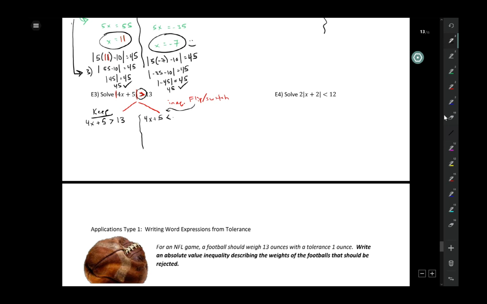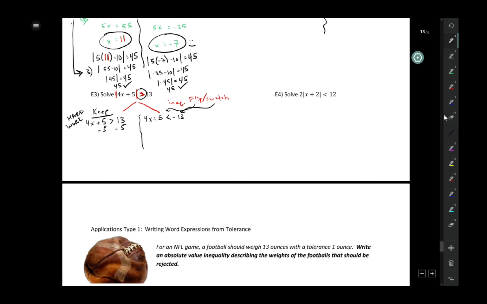And switch to negative. There's the switch. Or vice versa, whichever one you want to think of. And from there, there's the hard work. You take care of it. Then you just solve carefully the problem at hand.